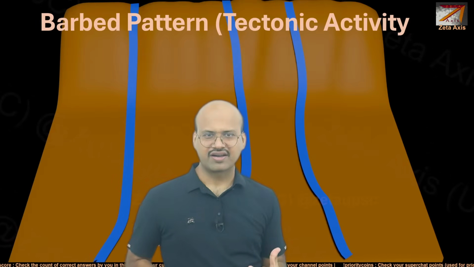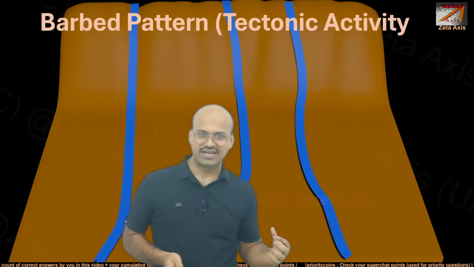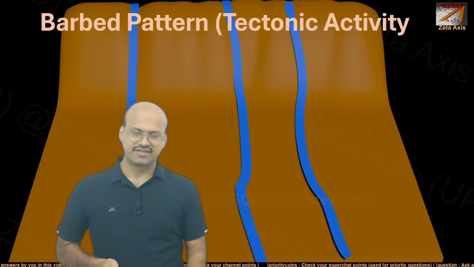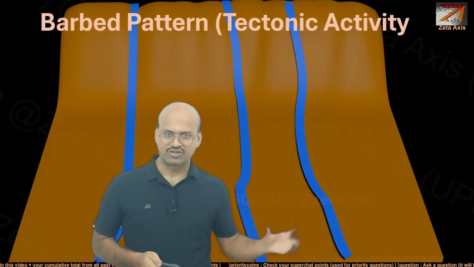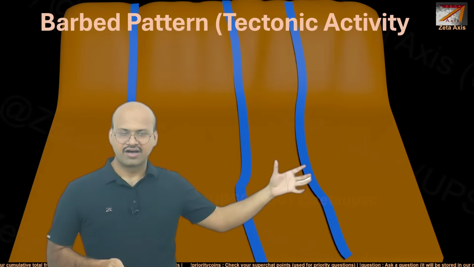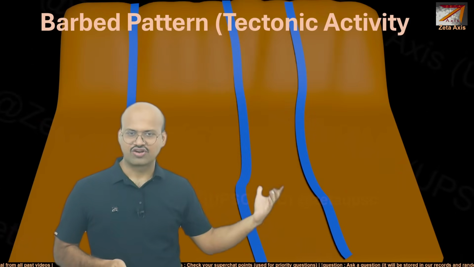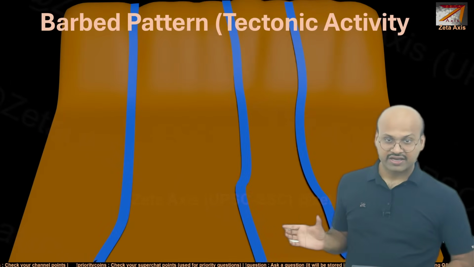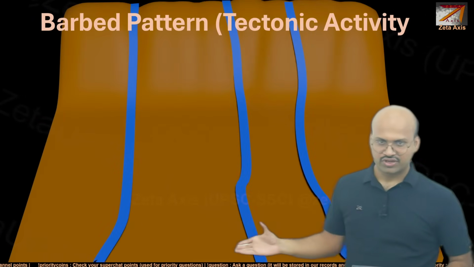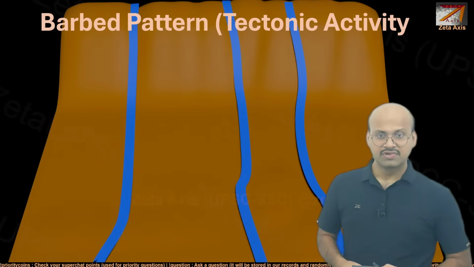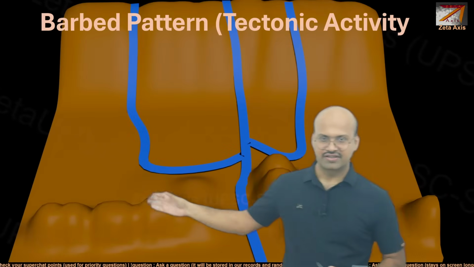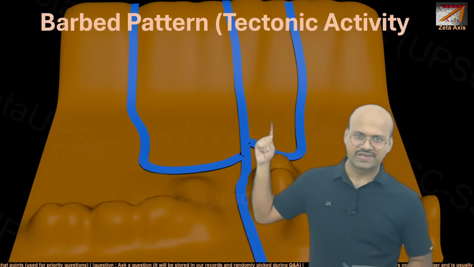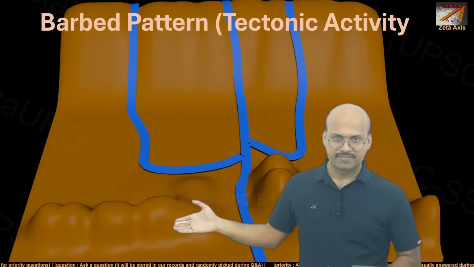There is another video where we will try to understand how tectonic activity can lead to barbed pattern. Here there are three rivers which are flowing. They are not connected as such, but consider that there is some tectonic activity over millions of years and a mountain is created in this region. Because the mountain is created, the flow of these two is obstructed because they were not able to cause erosion.